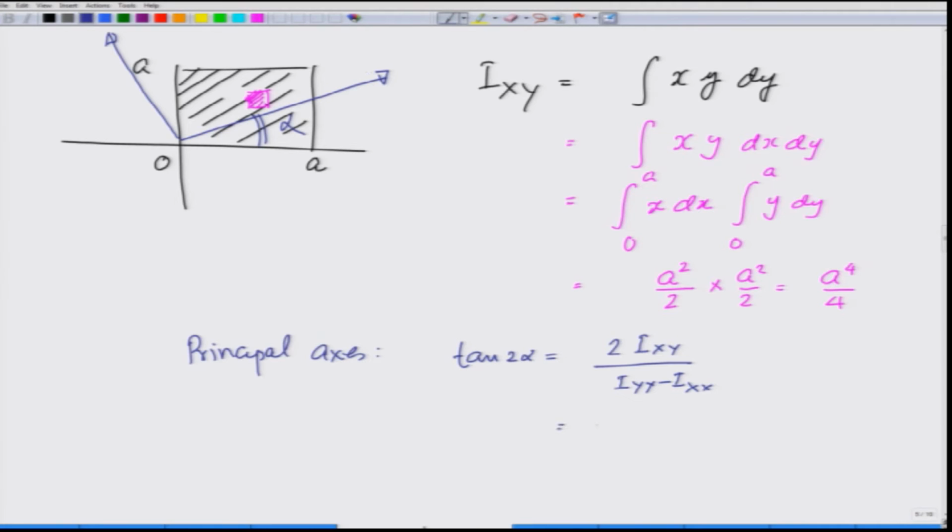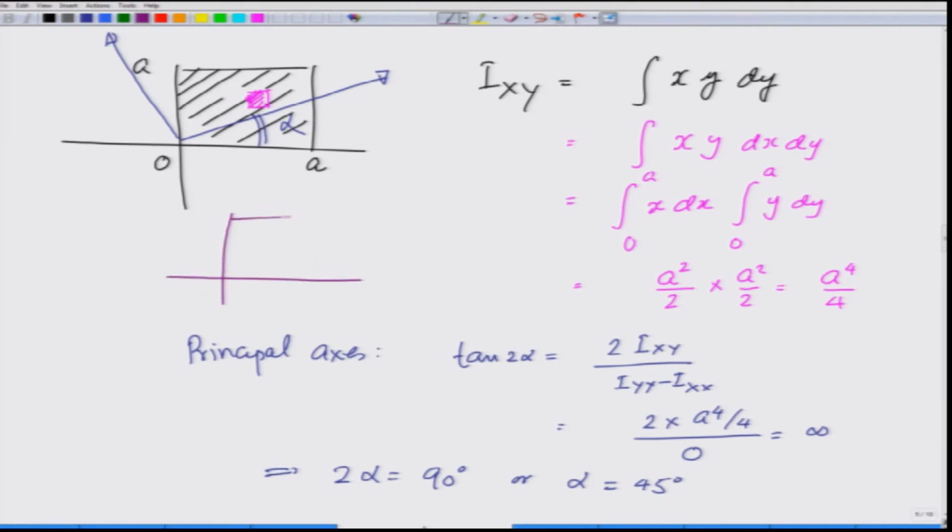So, this comes out to be 2 times a raised to 4 over 4 divided by 0, which is infinity, and this implies 2 alpha is 90 degrees or alpha is 45 degrees. So, we find that the principal axis in this case is going to be at 45 degrees to the x axis, and therefore, this is the principal axis. In this new set of axes, let us call it x prime y prime, Ix'y' will be 0.